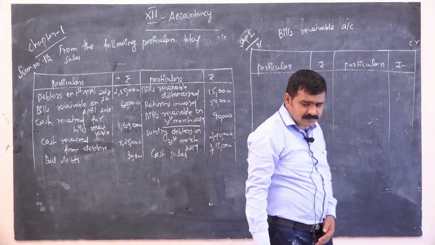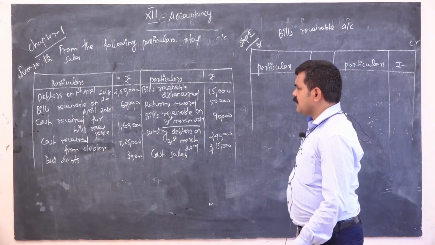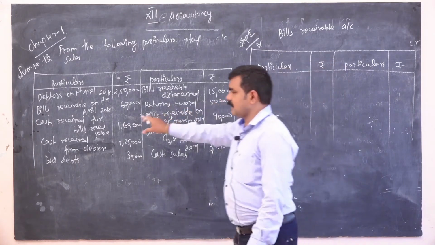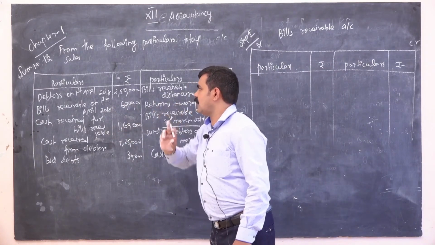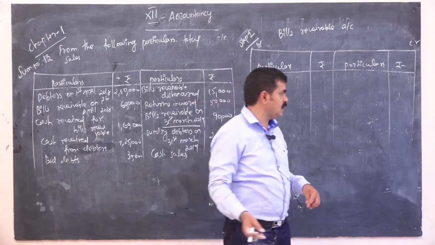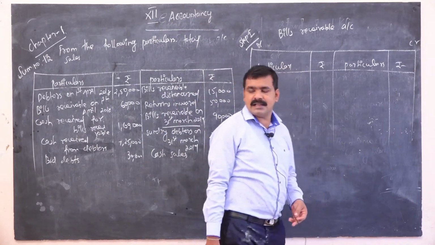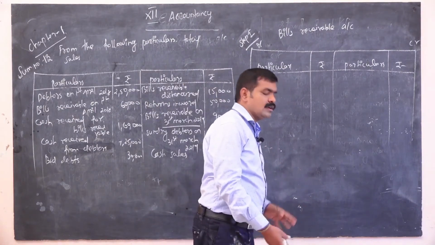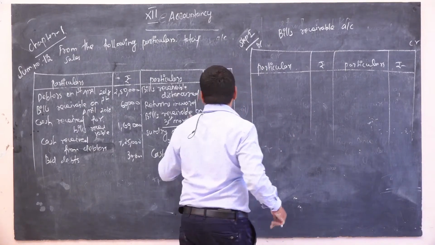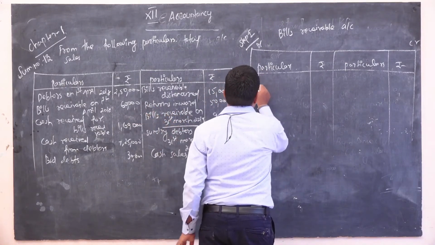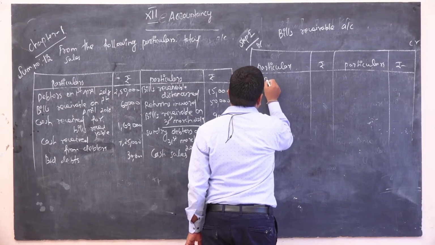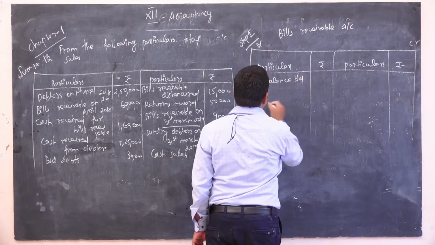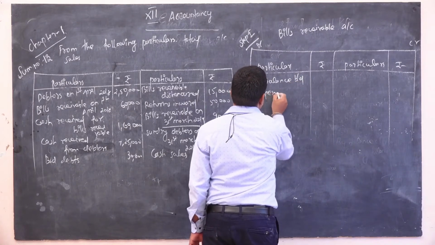First, you have to take the opening balance of bills receivable. The amount is 60,000. These are assets. When you are opening a ledger for an asset account, the opening balance comes under the debit side, to balance brought down. That is called opening balance.